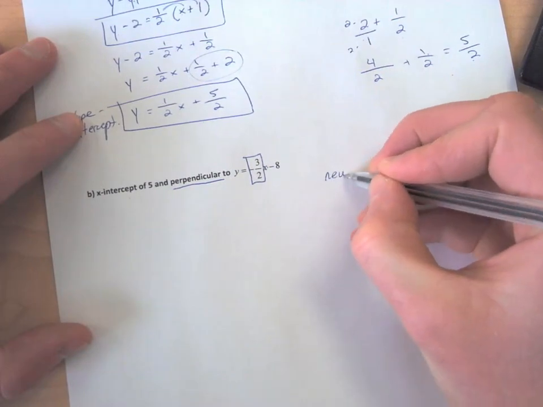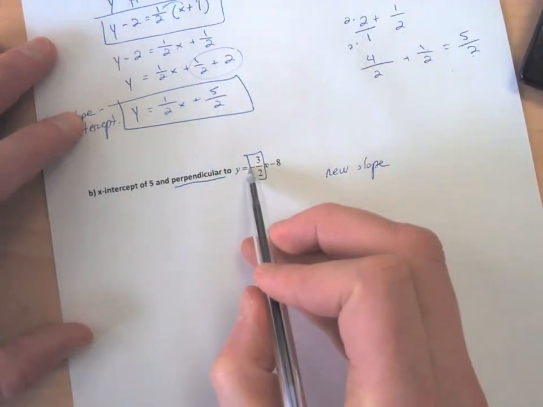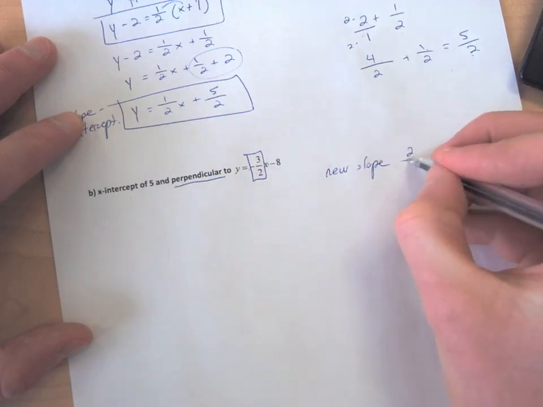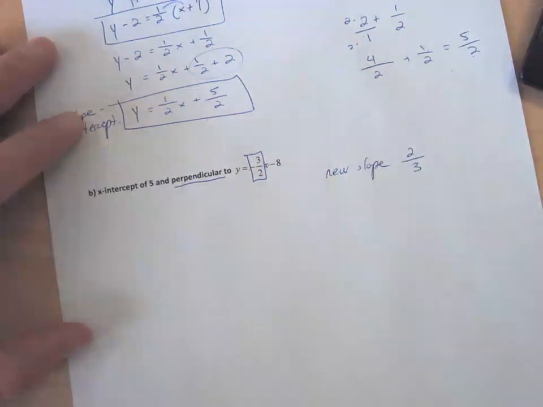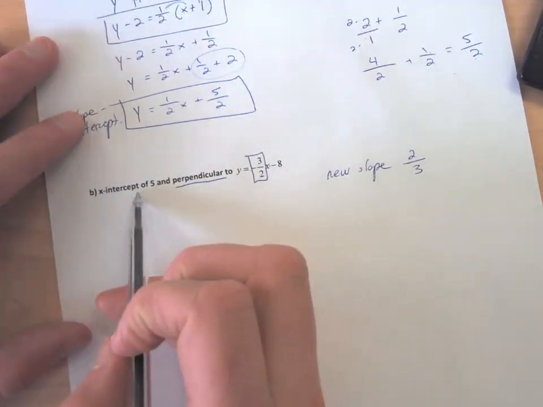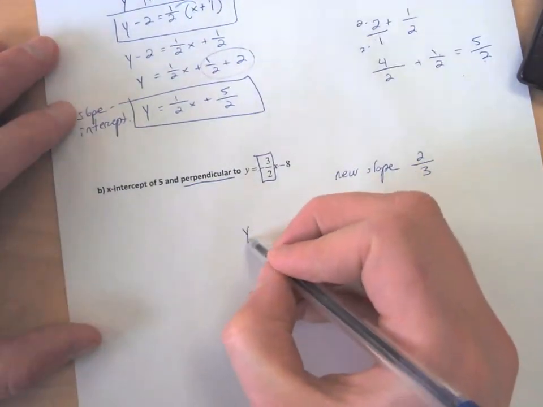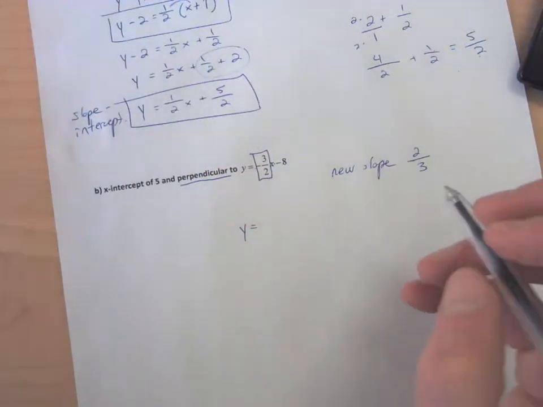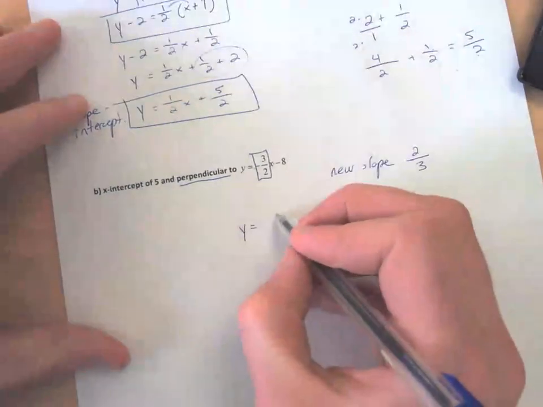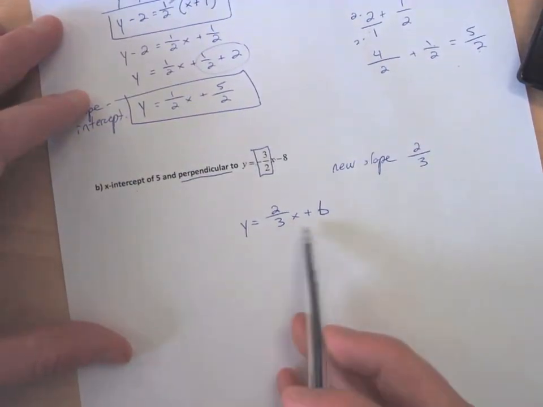So our new slope is the negative reciprocal, so instead of minus it'll be a positive, and it'll be the flipped version, which is 2 over 3. That's our new slope. And it says x-intercept of 5. So we can have y equals 2 over 3 x plus b as our new equation.